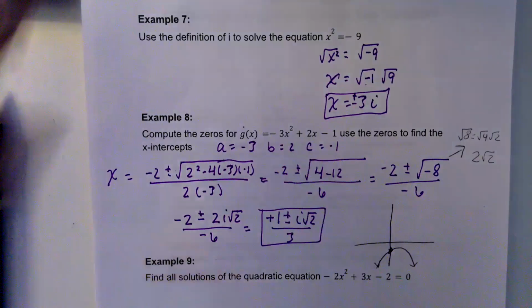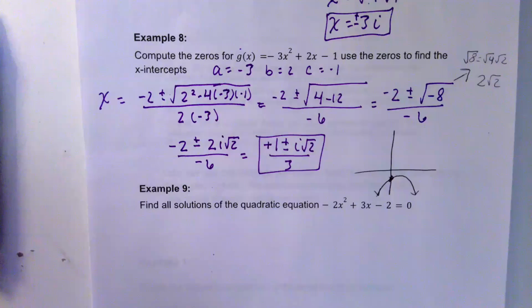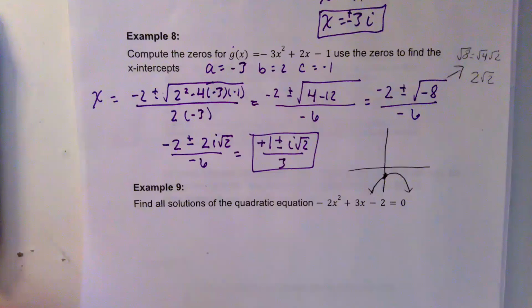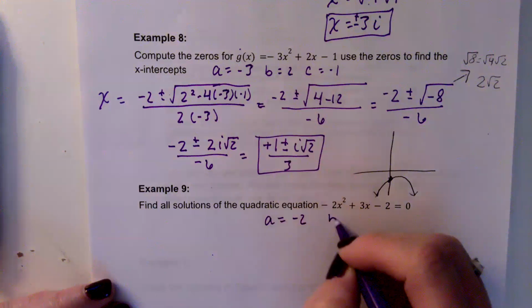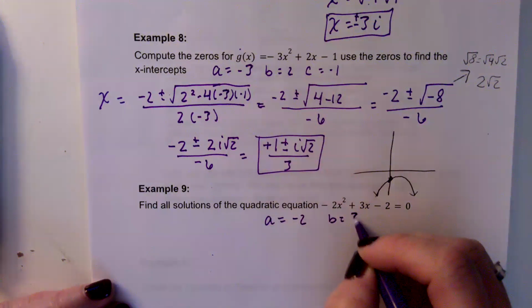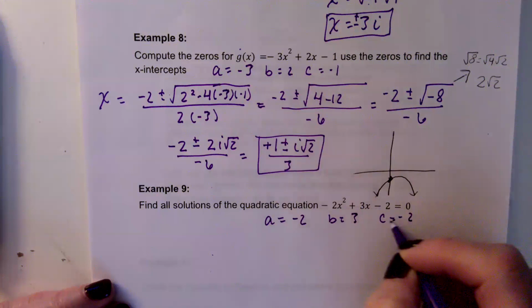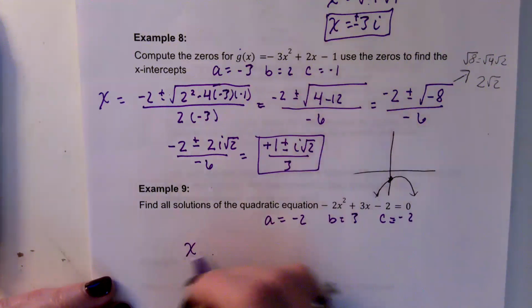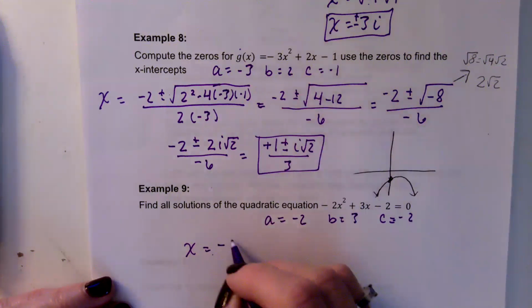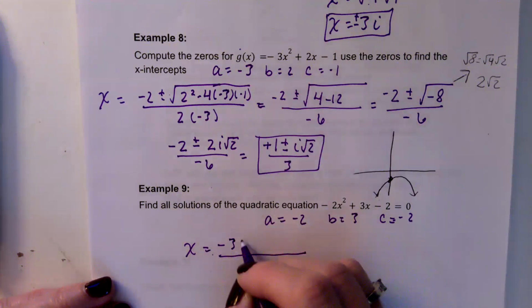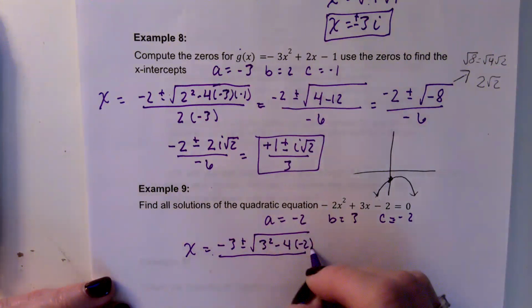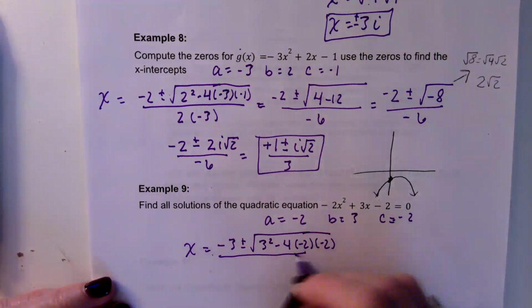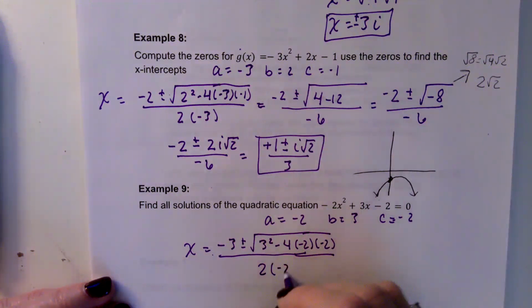Example 9 says, find all the solutions of the quadratic equation. So again, we're going to list out a is -2, b is 3, and c is -2. So we have the opposite of b, plus or minus the square root of b squared minus 4 times a times c, all over 2a.